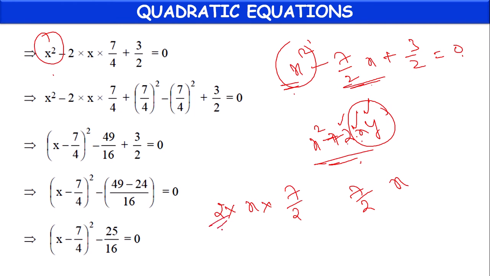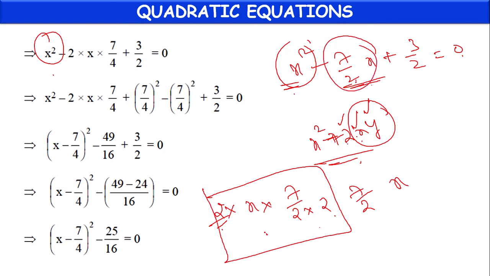We have taken 2 extra, so we have to multiply by 2 and divide by 2. Because for this term to be changed into 2xy form, we have x, we have y, but there is no 2. We have to multiply by 2, and to keep the value same, we have to divide by 2 also.